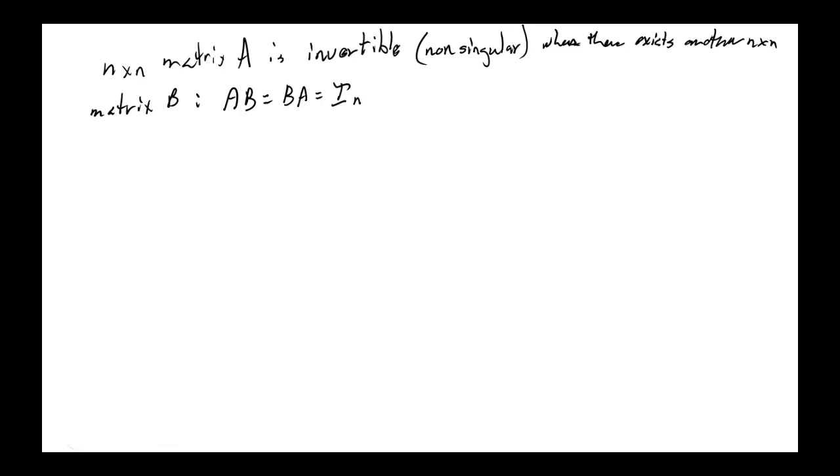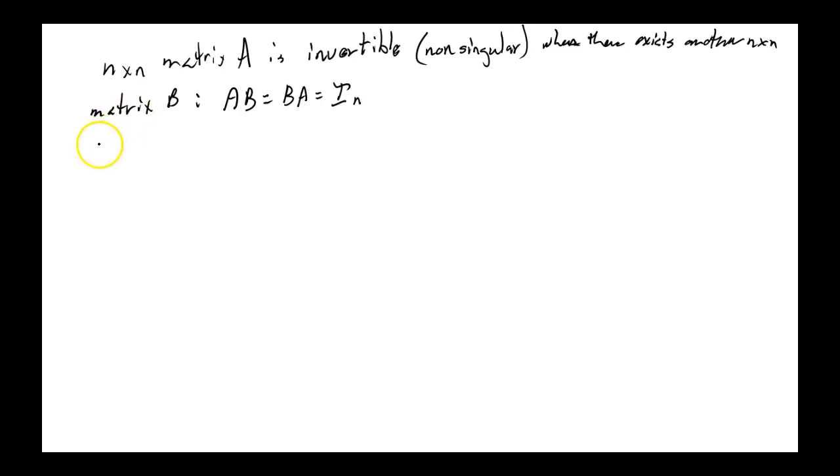Remember, multiplication of matrices is not a commutative process most of the time. However, when you have a matrix B that does commute with A, and when it commutes, whichever way you multiply them, it gives you the identity matrix. This is the identity matrix of order n, I'm not going to write that down.